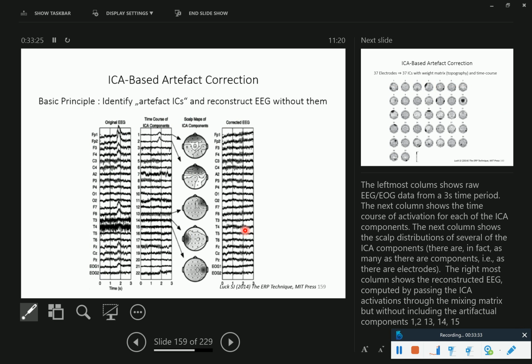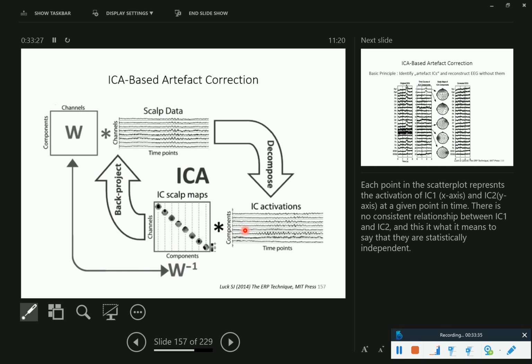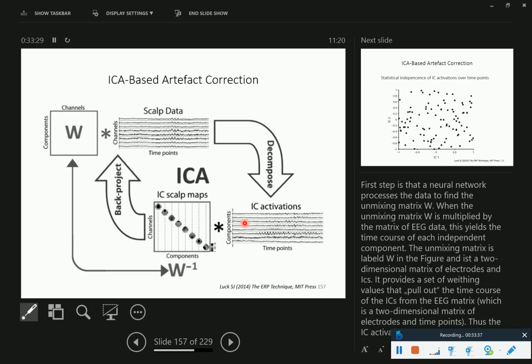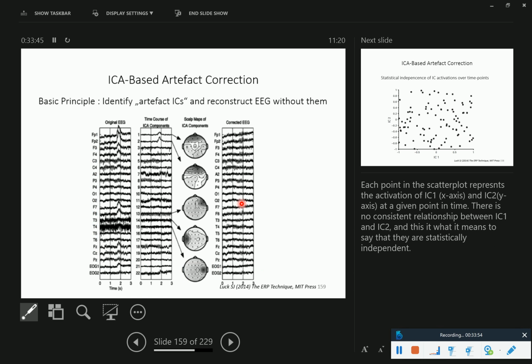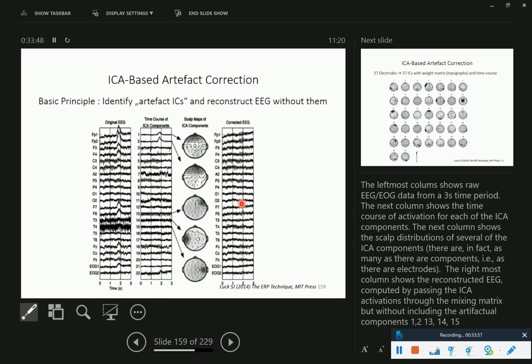The reason why I'm personally not overwhelmed by independent component analysis, although I find things interesting about it: first of all, that you estimate two things at the same time, the weights and the independent components, and that you manage to project certain variability onto certain components. The thing is, in the end, you have to use your internal model again to decide what is artifactual and what is not artifactual.